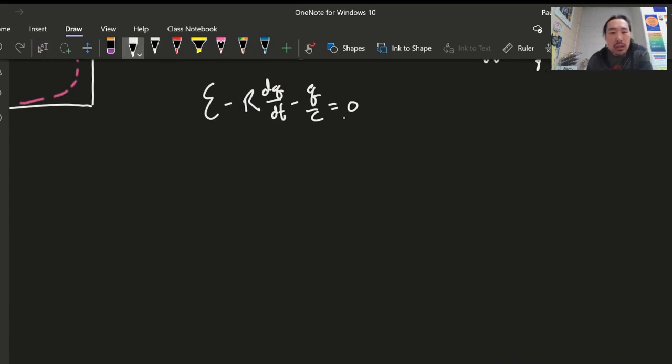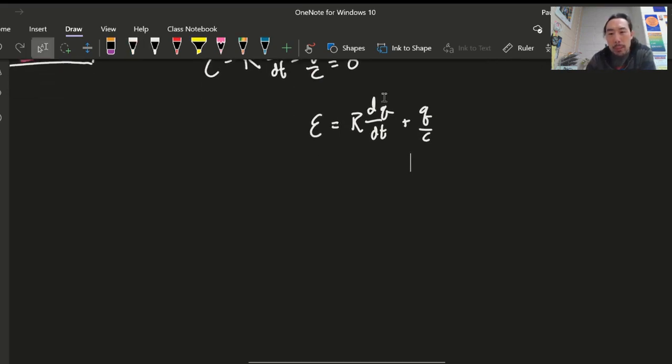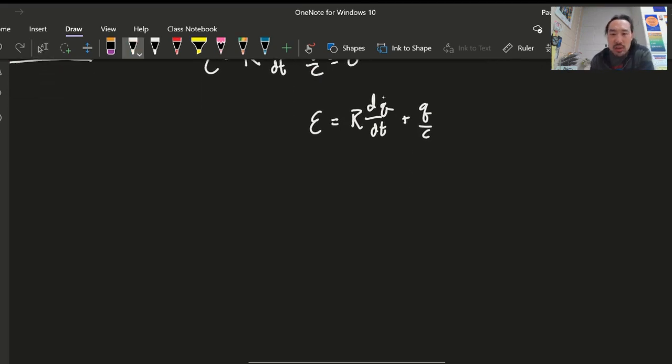Let's do a little bit of algebraic manipulation. I'm going to say EMF is equal to R dq over dt plus q over c. The only reason I'm doing this is I want to get rid of all my negatives first. Then I'm going to subtract the q over c on the other side.